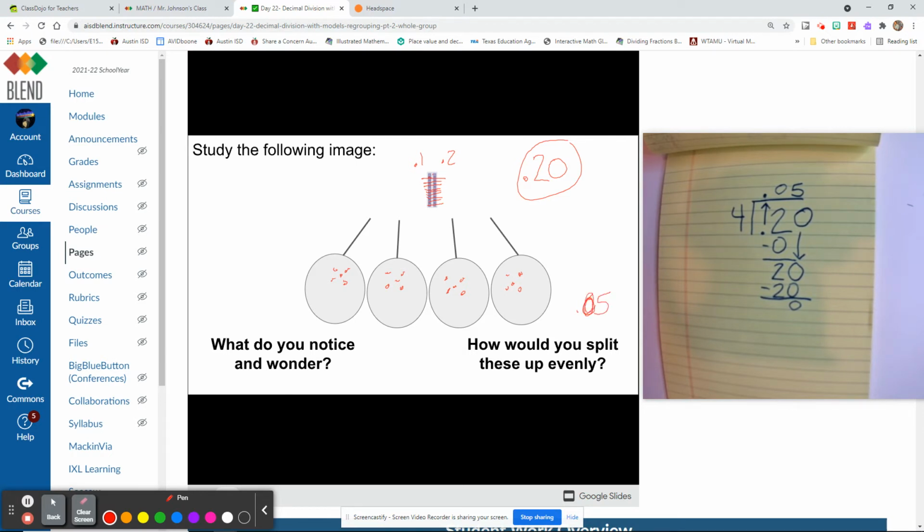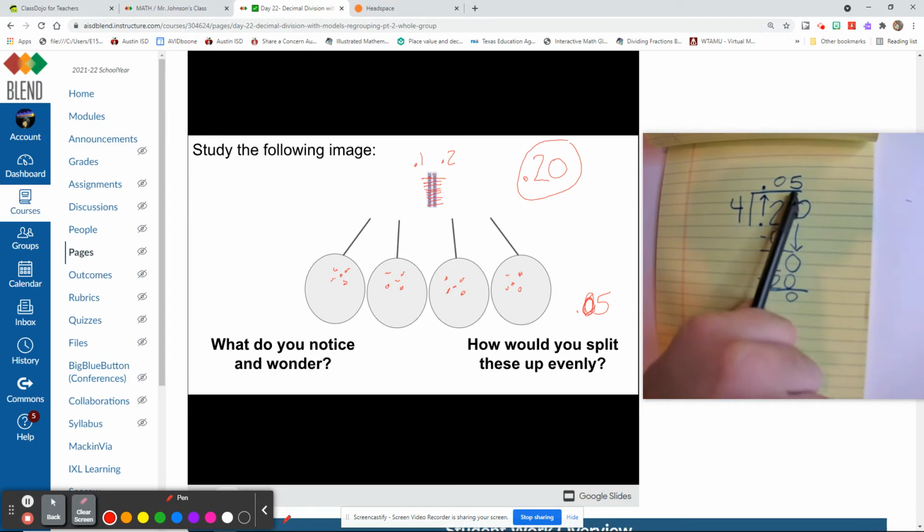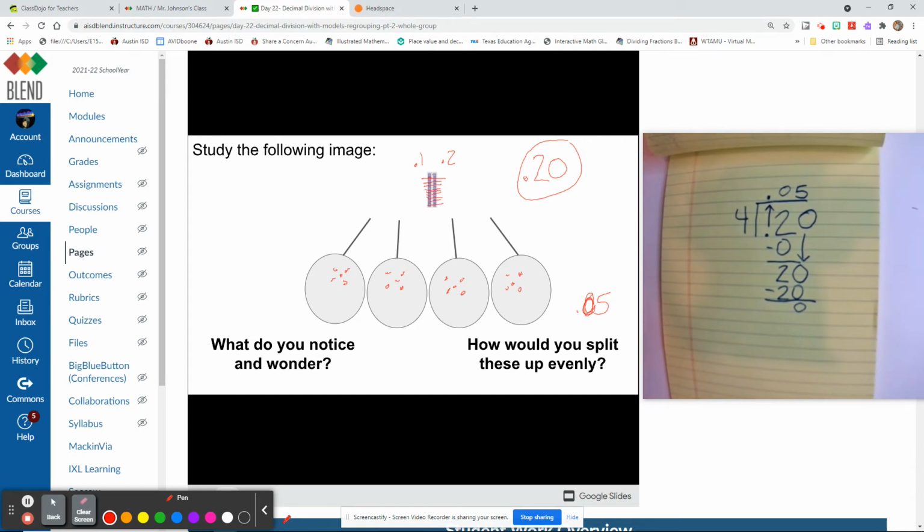This is 0.05. 5 hundredths in each group, just like it says in our algorithm, right? And if you had 20 cents and split it up evenly amongst 4 groups, you get 5 pennies in each group. So 20 cents divided into 4 groups is 5 cents. 20 hundredths divided into 4 groups is 5 hundredths. You have the algorithm right here, and then you have a visual representation.